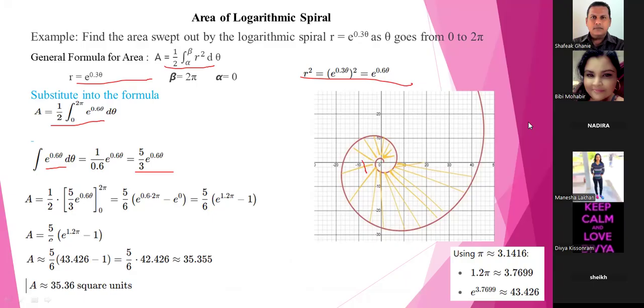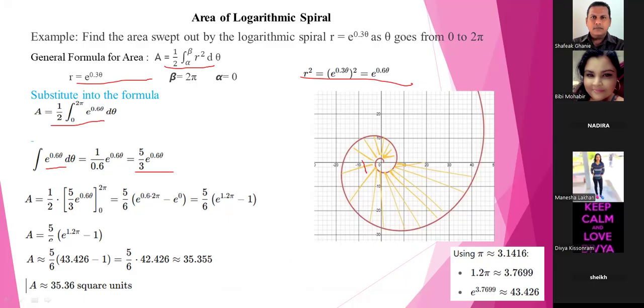After we integrate, the next part is evaluating the definite integral from theta equals 0 to theta equals 2 pi to find the area. We found the integral of e to the power 0.6 theta to be 5 divided by 3 e to the power of 0.6 theta.